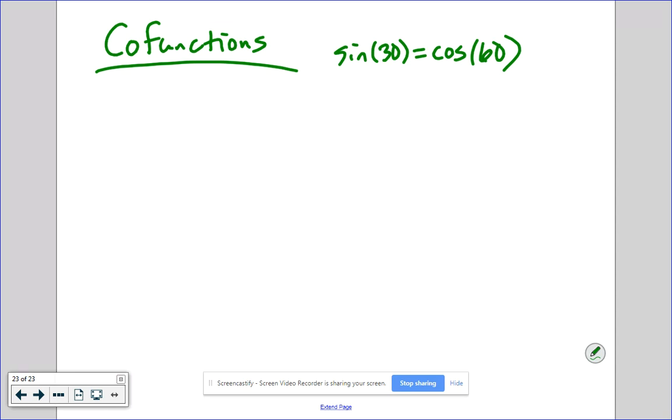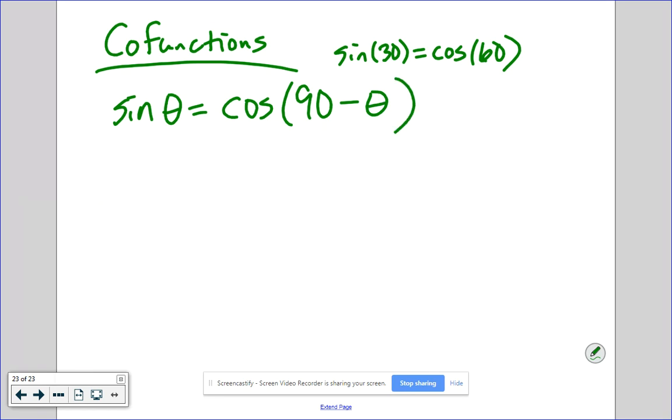Okay? So if you want to find sine of theta without drawing a triangle, you can use this. If I know cosine of 30, can I find sine of 60? Yeah. I just plug that value in, and I know that they should be the same. That works with cosine is sine of 90 minus theta.